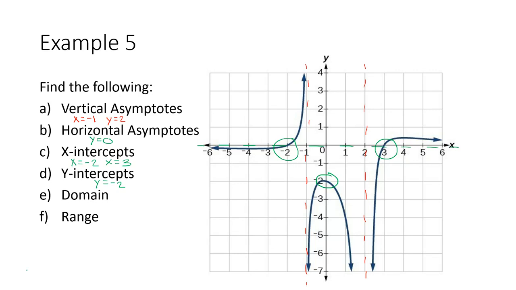So my domain goes from negative infinity up to the first vertical asymptote at negative 1. It skips that and goes from negative 1 to the next vertical asymptote at 2. And it skips that and goes from 2 all the way to infinity.